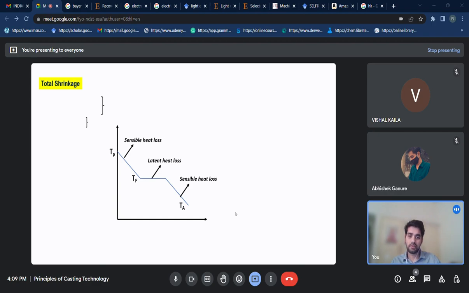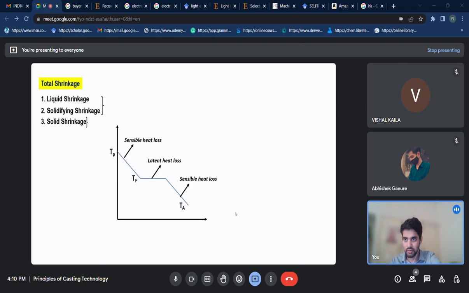After that, there will be some sensible heat loss as it comes toward the ambient temperature. Then there will be some latent heat loss during the phase change, and after the phase change there will again be some sensible heat loss to come to the ambient temperature.